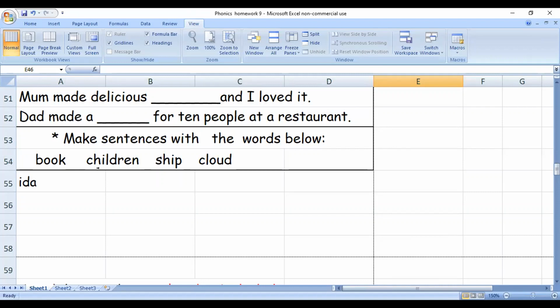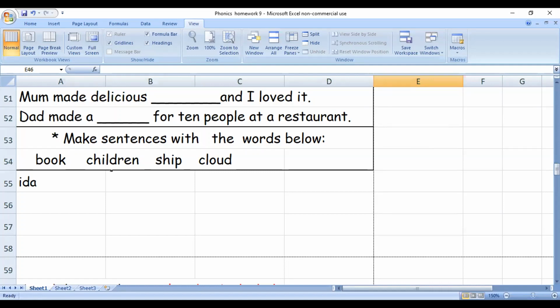Children are listen to the teacher. Children are listen to the teacher. You don't need to use the word are. Children listen to the teacher. Or you can say, children are listening to the teacher. If you are going to have are, you have to use the ing.